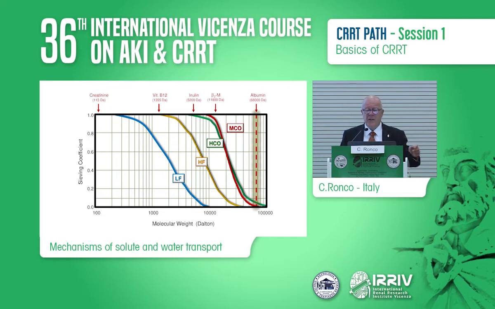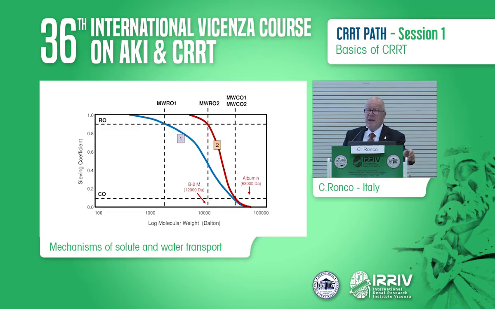Membrane sieving coefficient may differ significantly depending on the type of membrane you are using: low flux, high cutoff. This is the most recent medium cutoff membrane. And as I mentioned to you, it is not enough to measure just the cutoff value. You need to measure the retention onset, which can be very different depending on the membrane type of pore distribution.